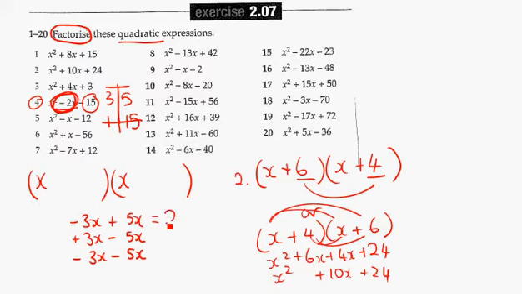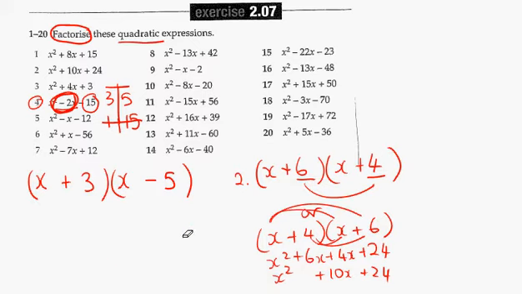Minus 3 plus 5 would be positive 2x, negative 2x for that one, and minus 8x for that one. And it's this one that we want. So that means I'm going to need a plus 3, and I'm going to need a minus 5 in the brackets. And we'll just check. So that's a bit of a thinking process that needs to go on to make sure you get the right answer. x squared minus 5x plus 3x minus 15.